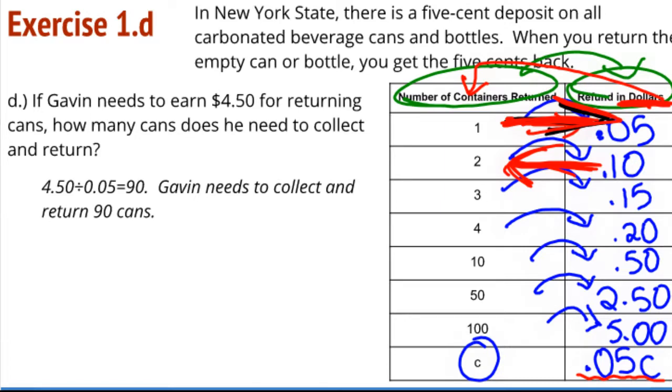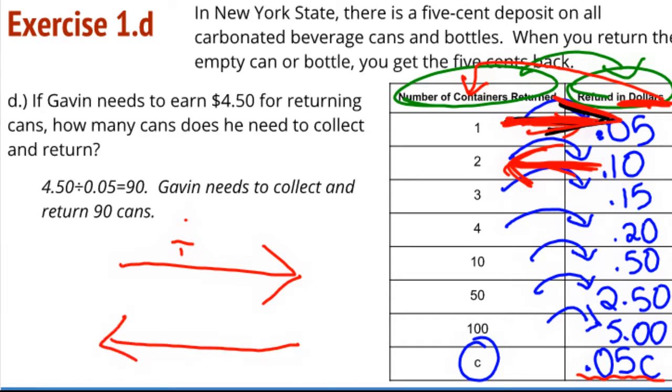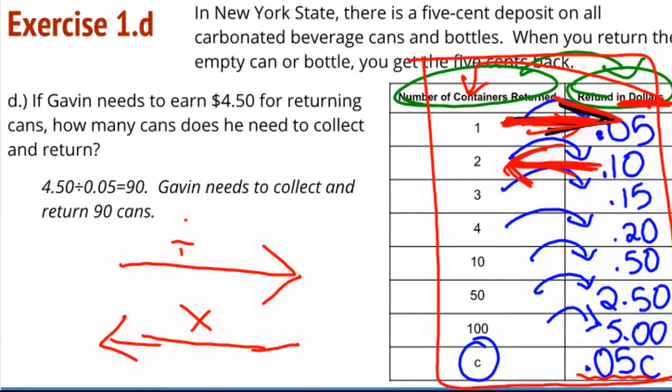Sometimes they'll be tricky, and you will have to divide when you're going left to right and multiply when you're going right to left. So it's important that we don't develop any false sets of rules, and what we actually do is examine the relationship on the table and ask what is happening.